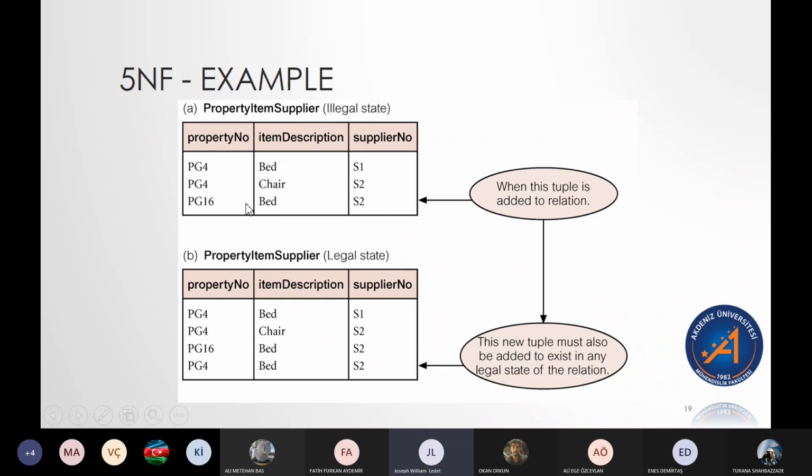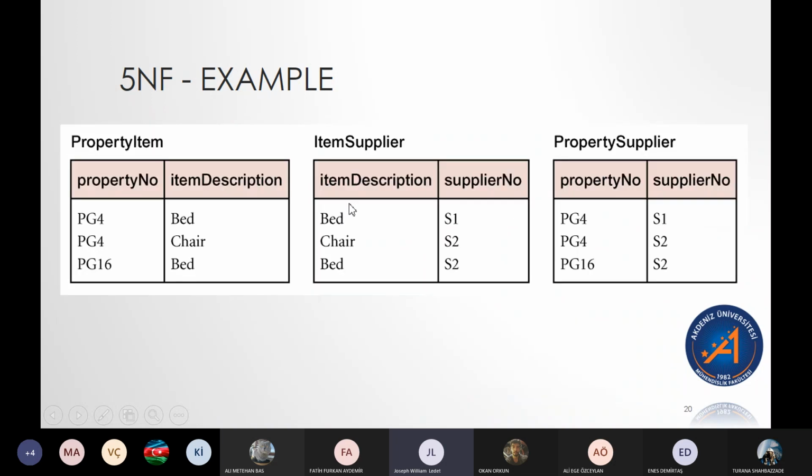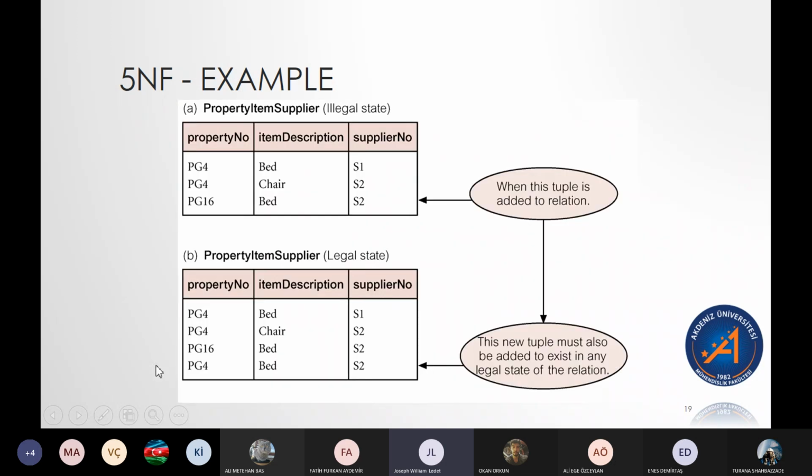When we add the PG16 bed S2, right? The problem is that you have a PG4 bed, but bed has both S2 and S1. So therefore, and PG4 has S1 and S2. So the extra tuple that would be added would be this one here.